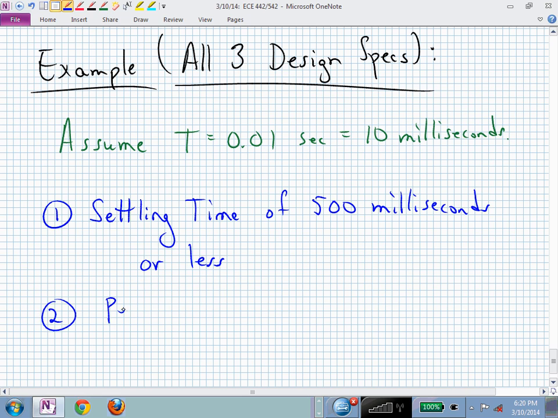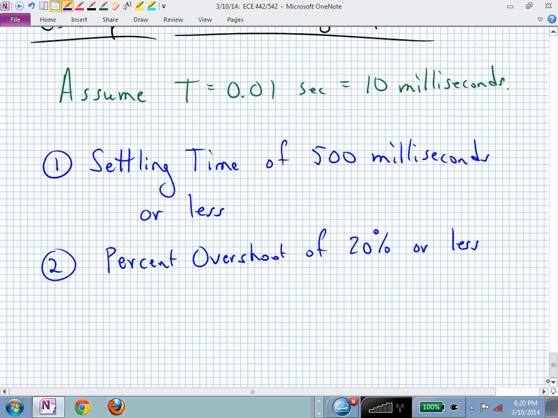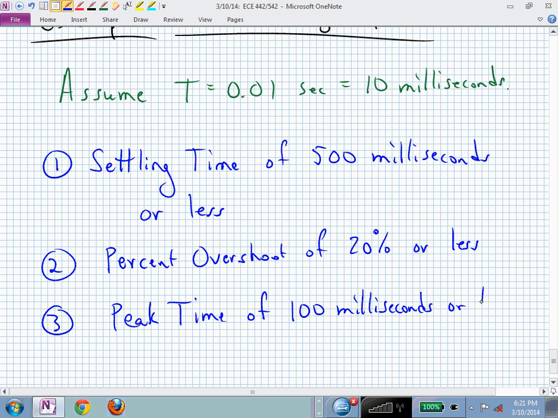Suppose they want a percent overshoot of 20% or less. And suppose they want a peak time of a tenth of a second, or 100 milliseconds, or less.